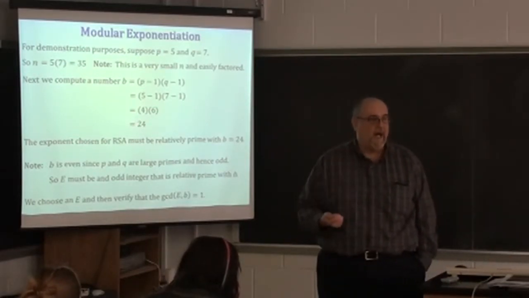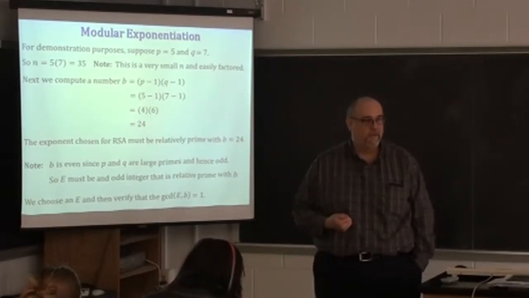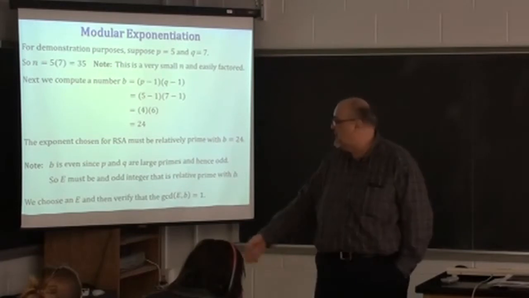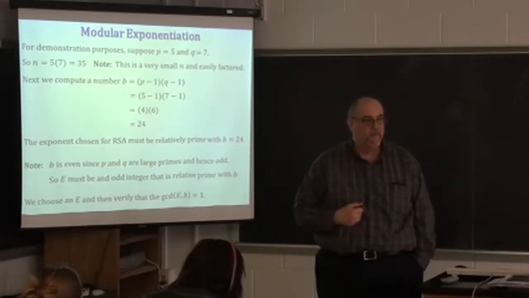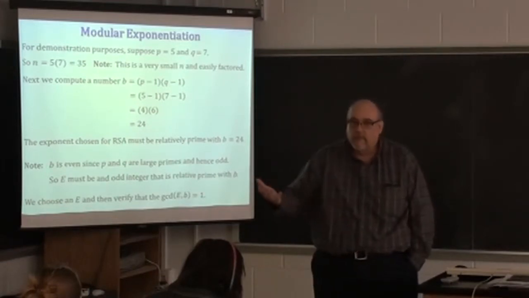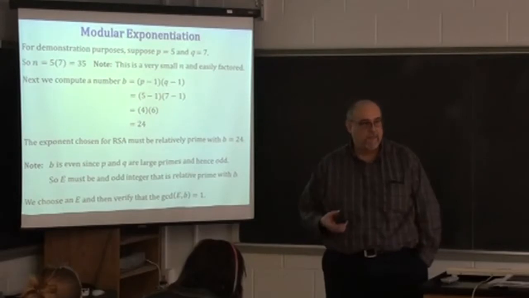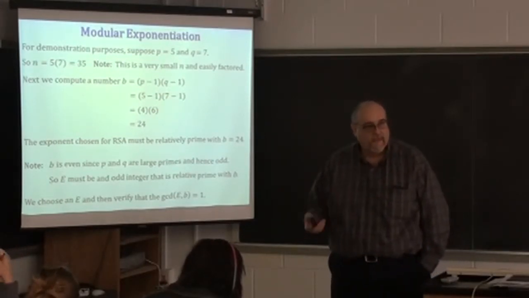You just pick an odd number and try it. If it works, great. If it doesn't, meaning it's not relatively prime with B, then what do? Pick another one. So it could take a little while to get the right E, but it's not that difficult to do.